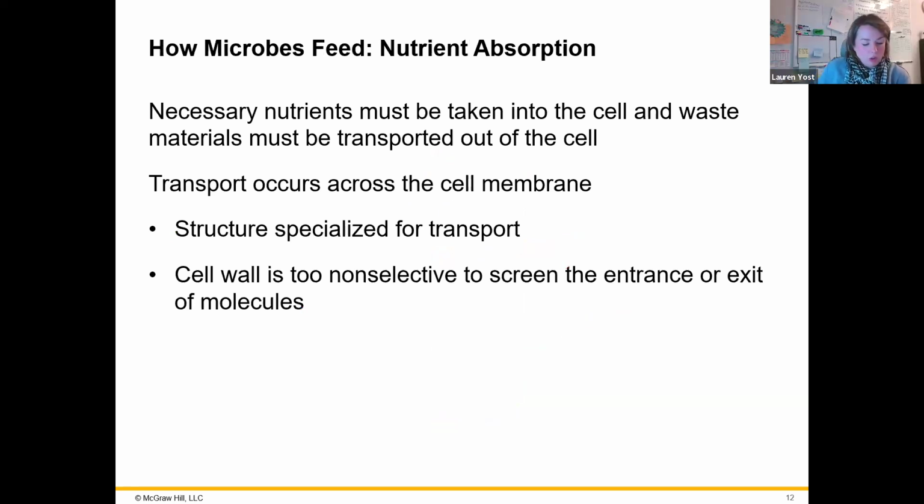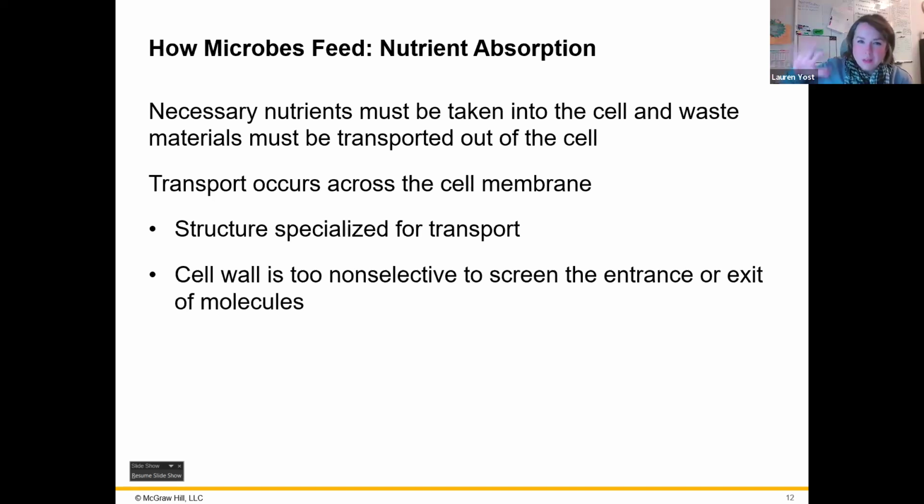Okay, and so all organisms have to have a way of getting their nutrients into their cells somehow. And this can rely on basic diffusion, or it can rely on specialized mechanisms for transporting things across the cell membrane. This is basically relying on the idea that the cell membrane is very selective.